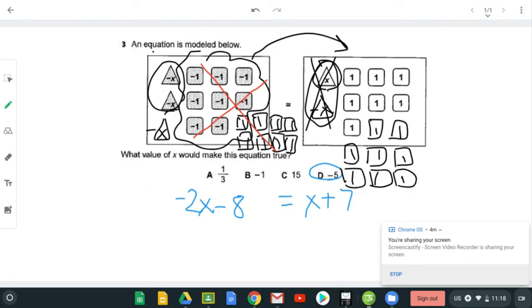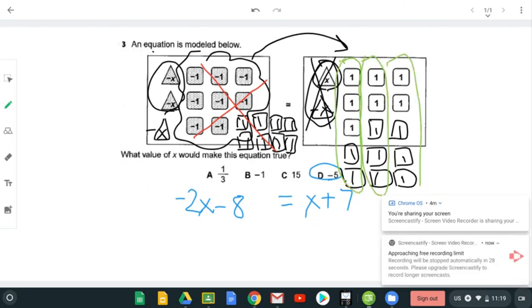I have 1, 2, 3, 4, 5, 6, 7, 8, 9, 10, 11, 12, 13, 14, 15. So I need to split these negative x's into 3 equal groups. If I look at this correctly, I have one group of 5 right here, 2 groups of 5 right here, and then 3 groups of 5 right here.